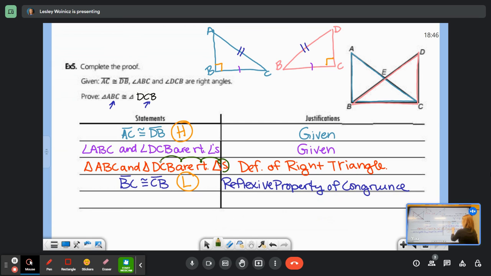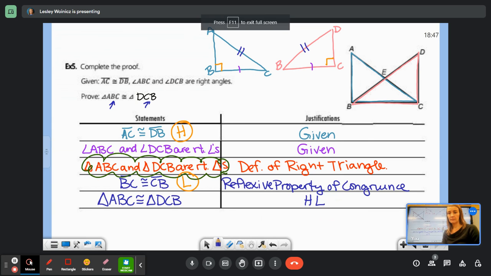We've said that they're right triangles, which means that we can now use hypotenuse leg. So triangle ABC is congruent to triangle DCB by hypotenuse leg. Ta-da! Bye.